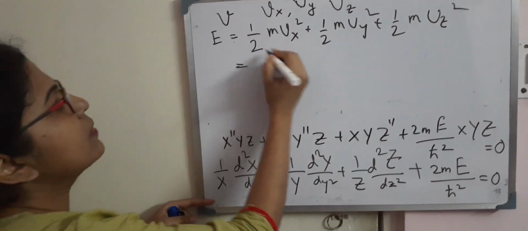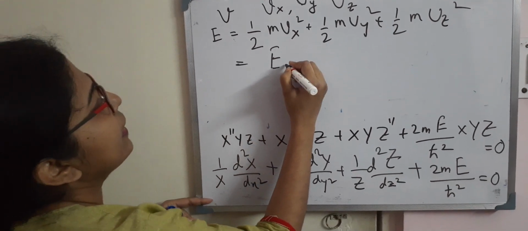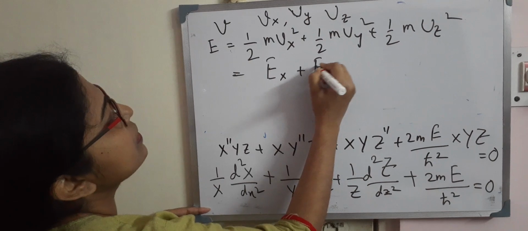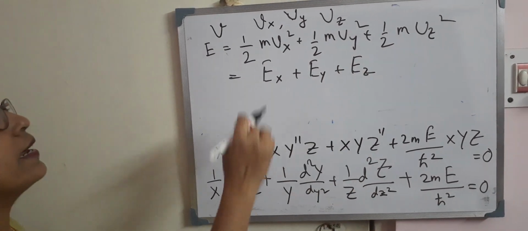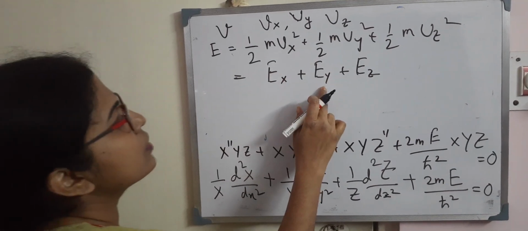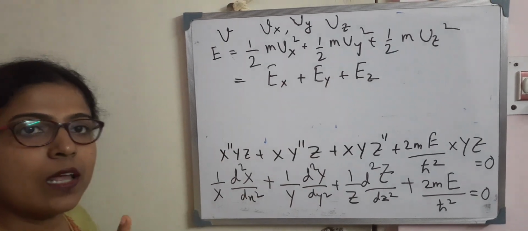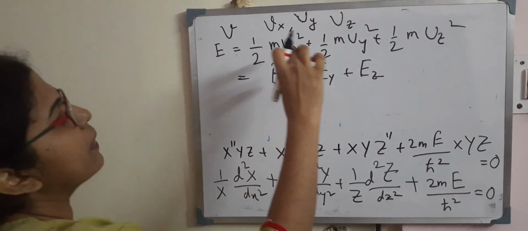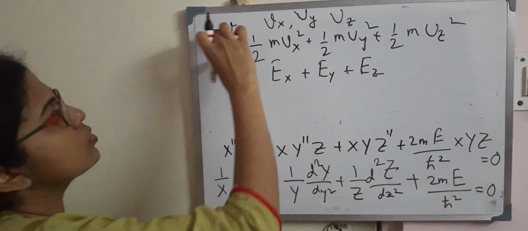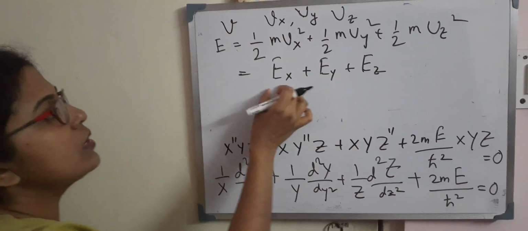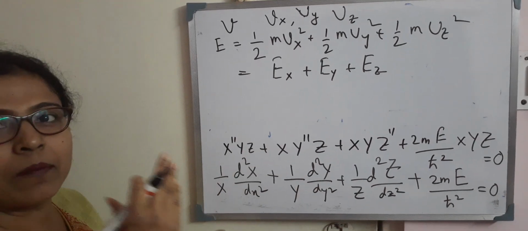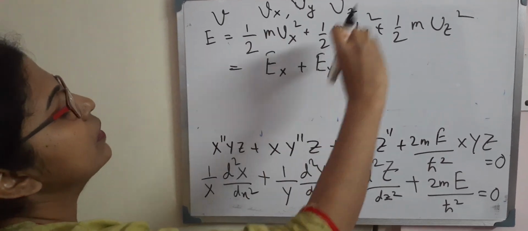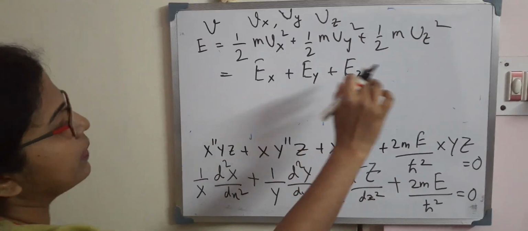So I can write this as, say, Ex plus Ey plus Ez: kinetic energy in x direction plus kinetic energy in y direction plus kinetic energy in z direction. Mind it that these are all constants because the total energy E is a constant. I write here x, y, z to indicate that these are the constants for the three separate directions x, y and z.